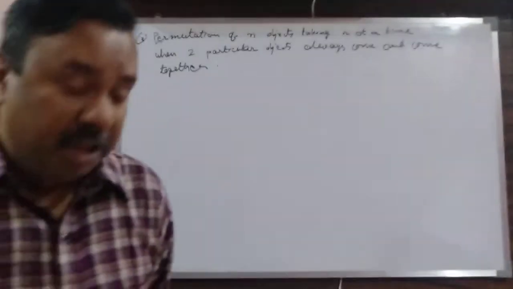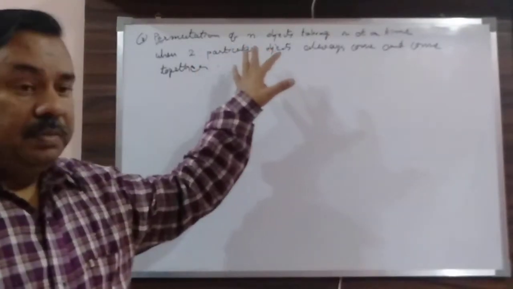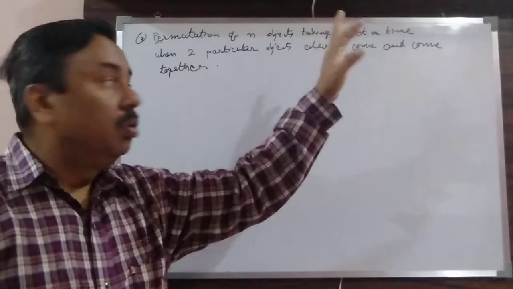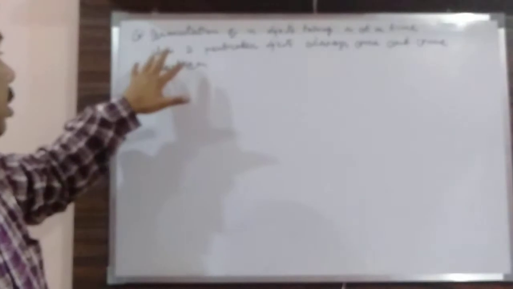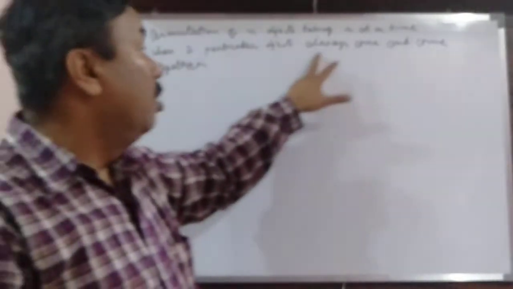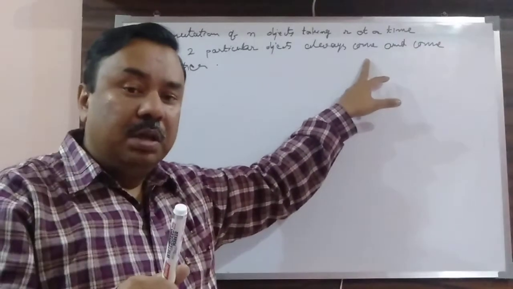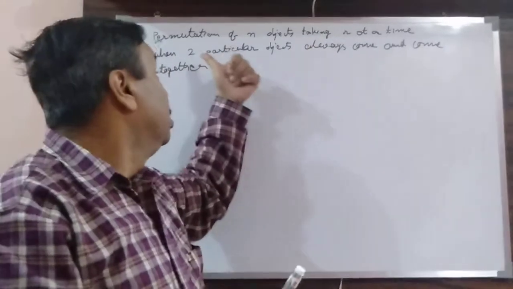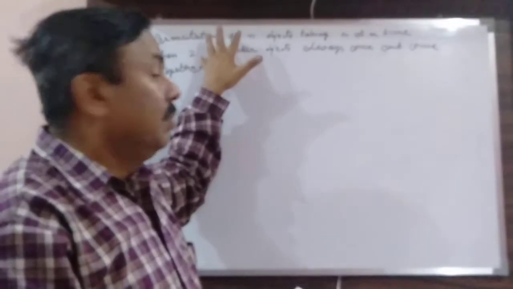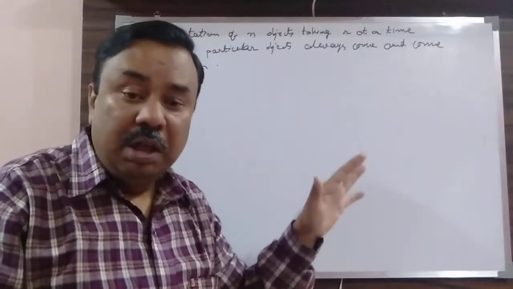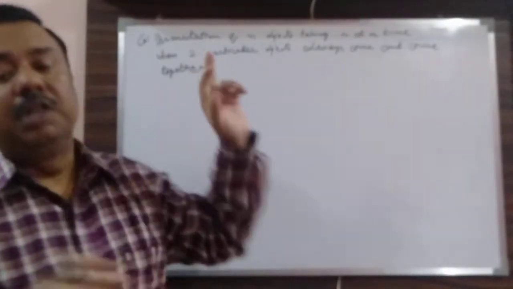Okay, now the third condition. In the third condition, what I have written is permutation of n objects taking r at a time. Till this point, everything is okay. Now the condition is that two particular objects always come; in the first case I assumed that one particular object was always coming. I will explain this for two objects, and then from this you can deduce the formula if the number is replaced by 3, 4, whatever it is.